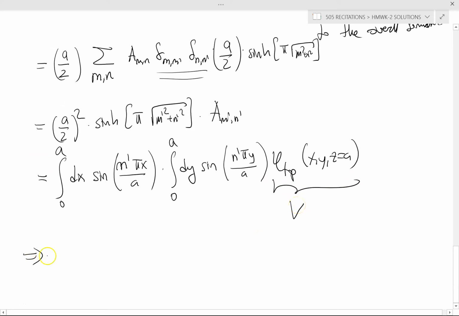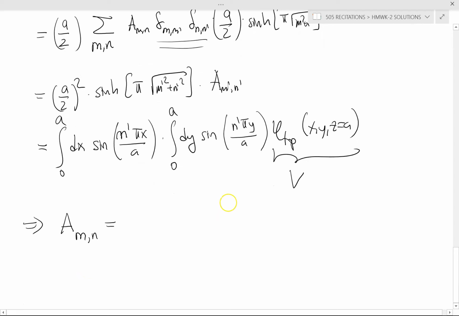So let me re-express my whole m prime and n prime. Let me just change this dummy variable to mn. That is nothing but equal to now 4 divided by a squared, sinh pi root of m squared plus n squared, right? Multiplied by this whole integration now.